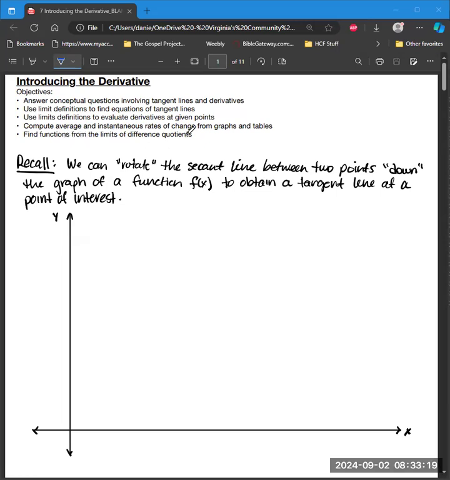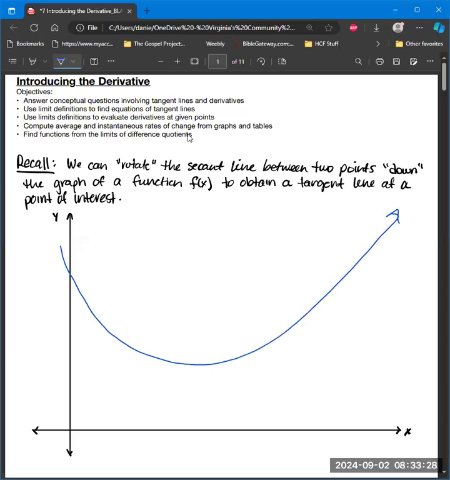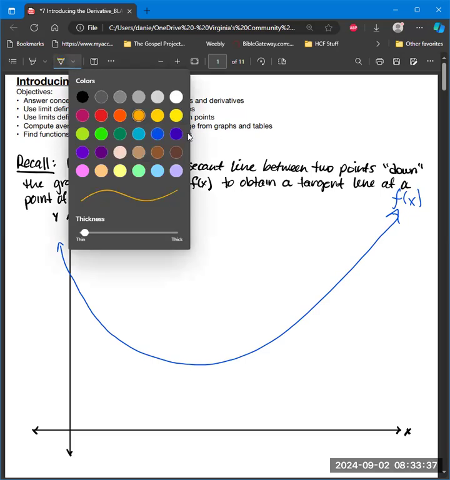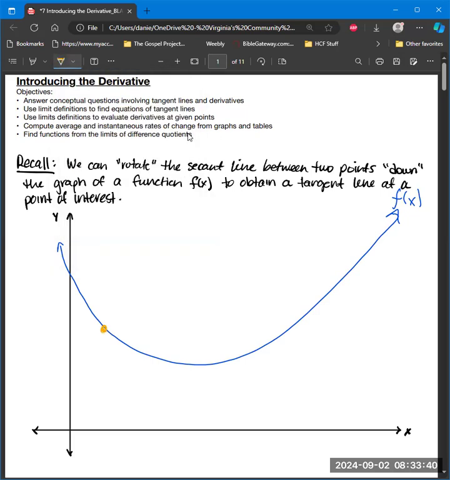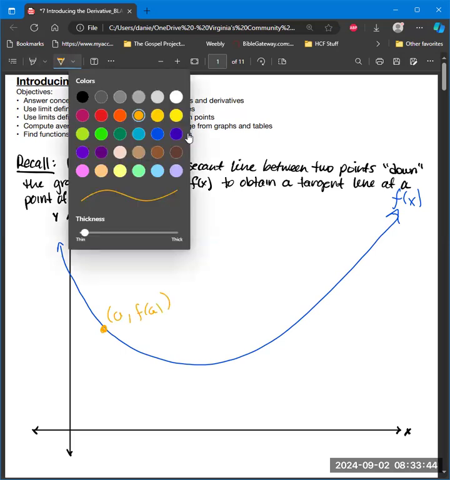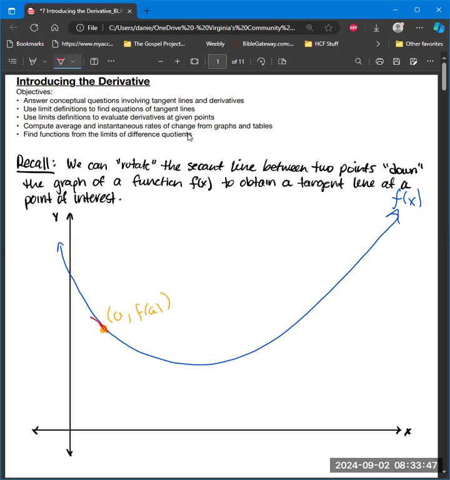All right, let's go back and look at this from before with our example that we had previously when we talked about limits, that we had this curve f of x here, and we had a point that we called a, f of a, and we had this line here that we were interested in. This red line is called the tangent line.